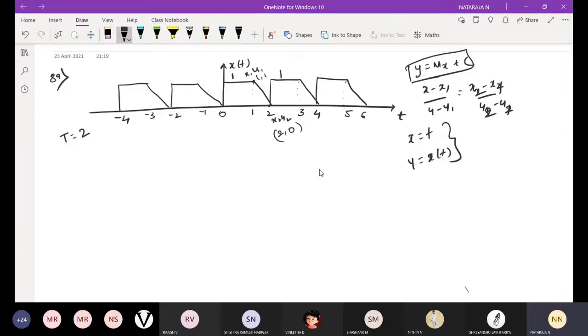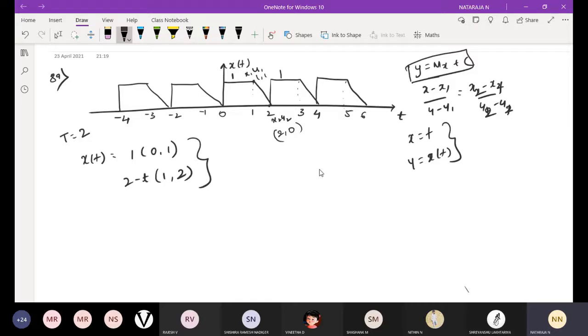What is the equation you are going to get? x of t is equal to 1 from 0 to 1, then 2 minus t from 1 to 2. This is the equation you are going to get for x of t.